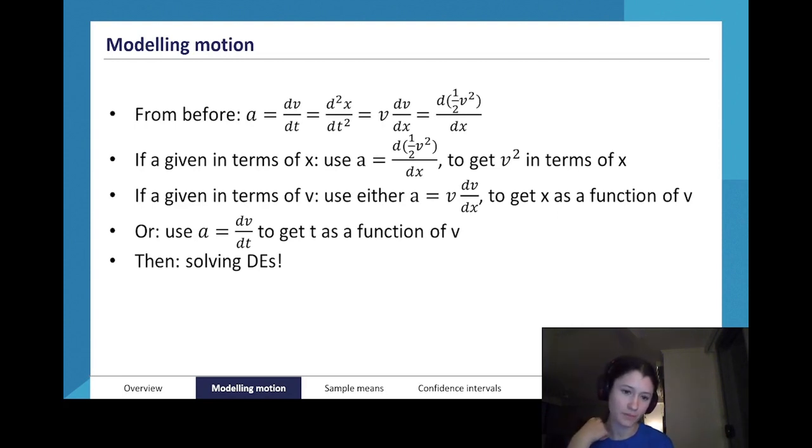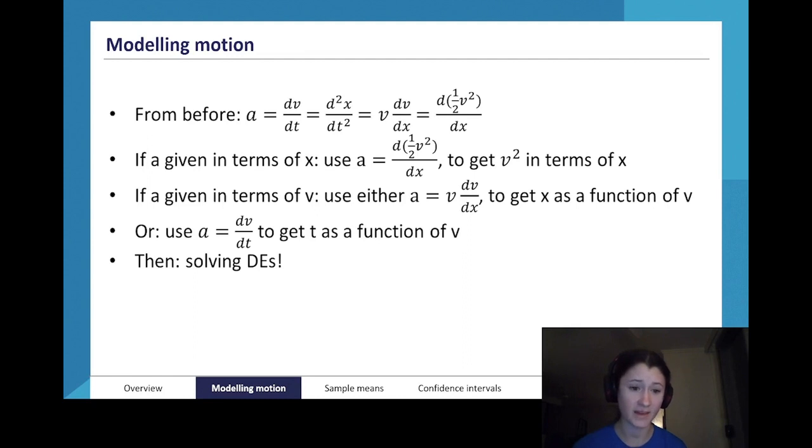So, if we are given a in terms of x, we need to use the equation a is equal to d half v squared on dx to get v squared in terms of x.